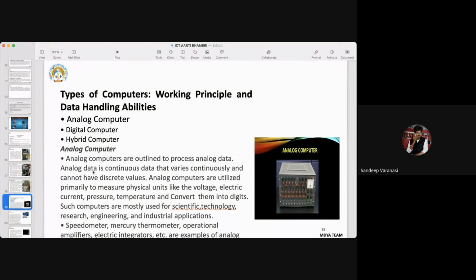Okay. And mercury thermometer. Nowadays we use a digital thermometer, but earlier, you might have seen the mercury thermometer which we used to keep in our mouth or under our armpit.